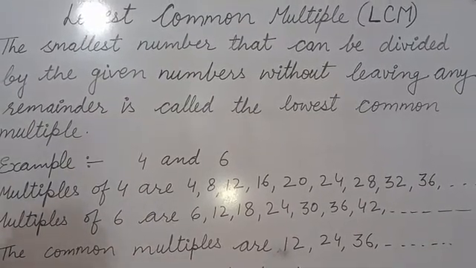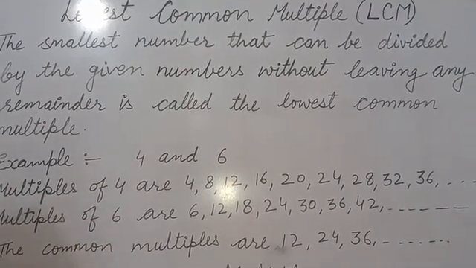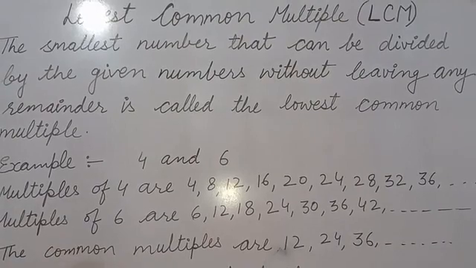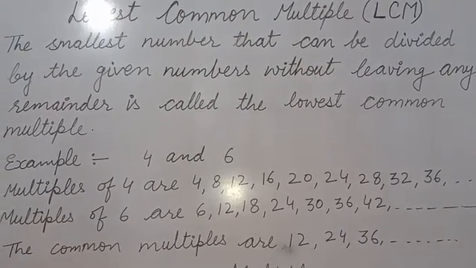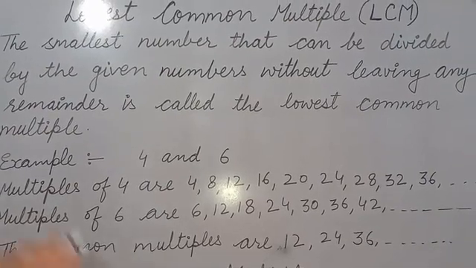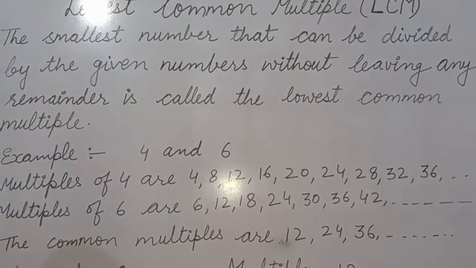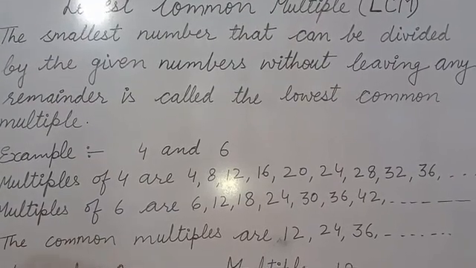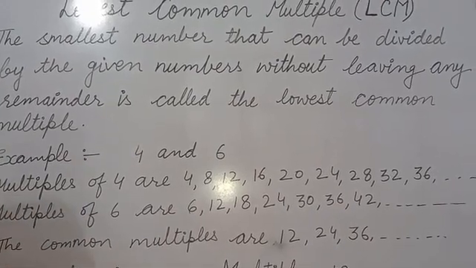The smallest number that can be divided by the given numbers without leaving any remainder is called the lowest common multiple. Okay. The smallest number, सबसे छोटा नंबर, that can be divided by the given numbers, जितने भी given numbers हैं उन सब से divide हो जाए वो, okay?